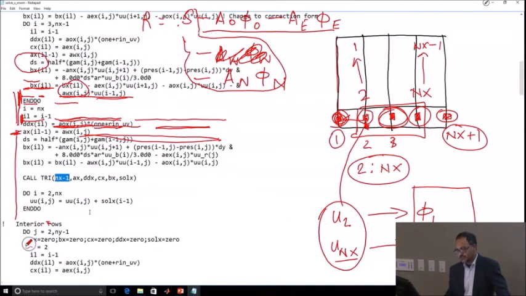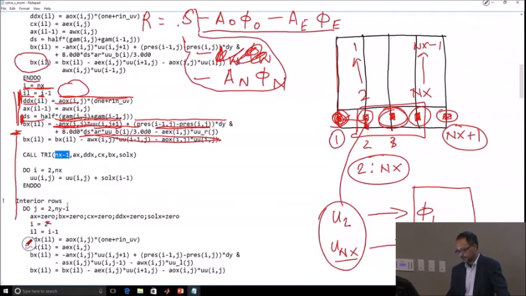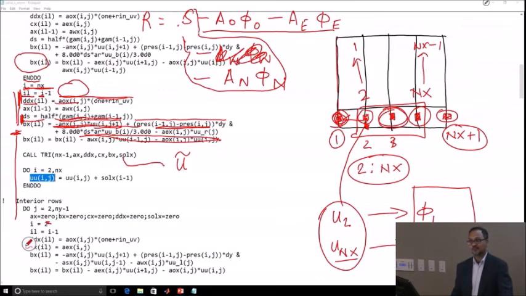Once I've solved it, here is what I'm doing. I'm saying my solution, this solution, according to your notes, is called U tilde. Okay? This solution, what I'm saying is whatever solution I had, I'm adding that update. Now notice that this index is different from this index because it's displaced by 1.